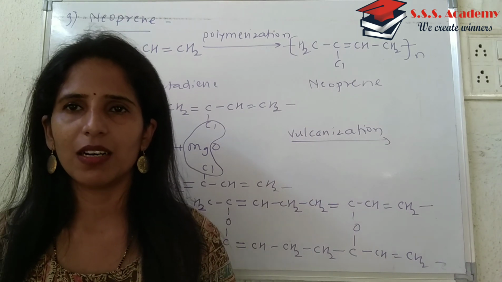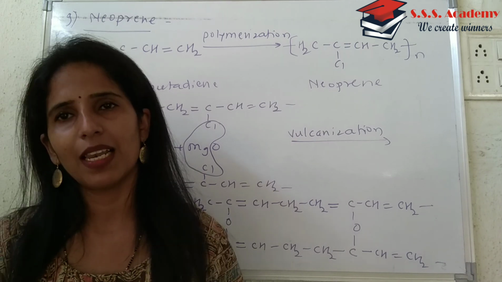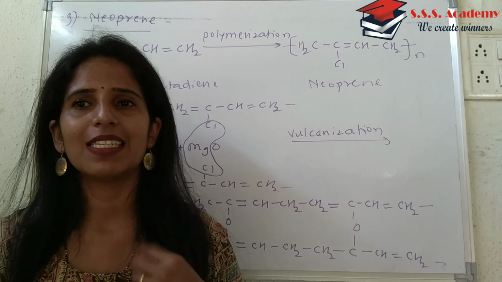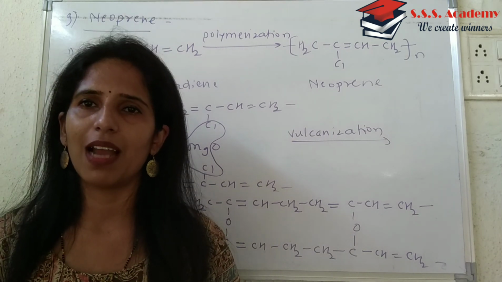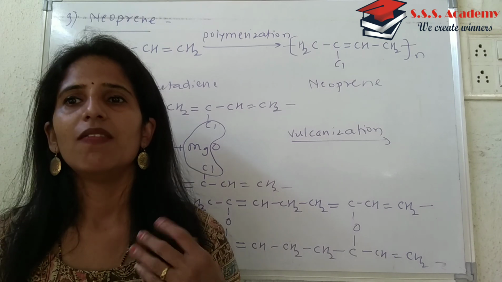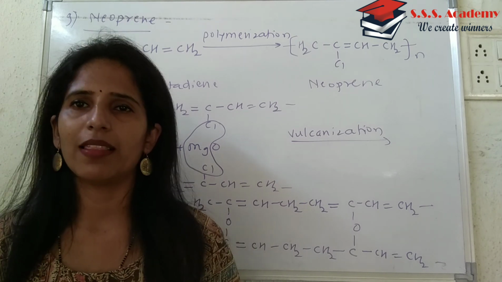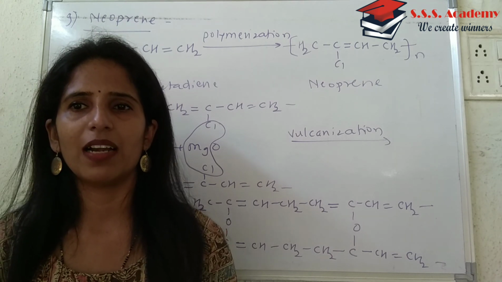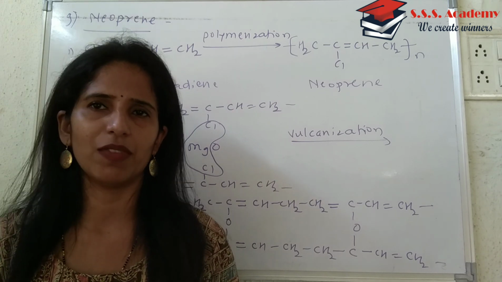That cellulose, or wood pulp, is allowed to react with NaOH first, resulting in formation of alkali cellulose. That alkali cellulose is then allowed to react with carbon disulfide, CS2, which results in formation of cellulose xanthate. That cellulose xanthate on hydrolysis turns into cellulose filaments, which is nothing but viscose rayon.